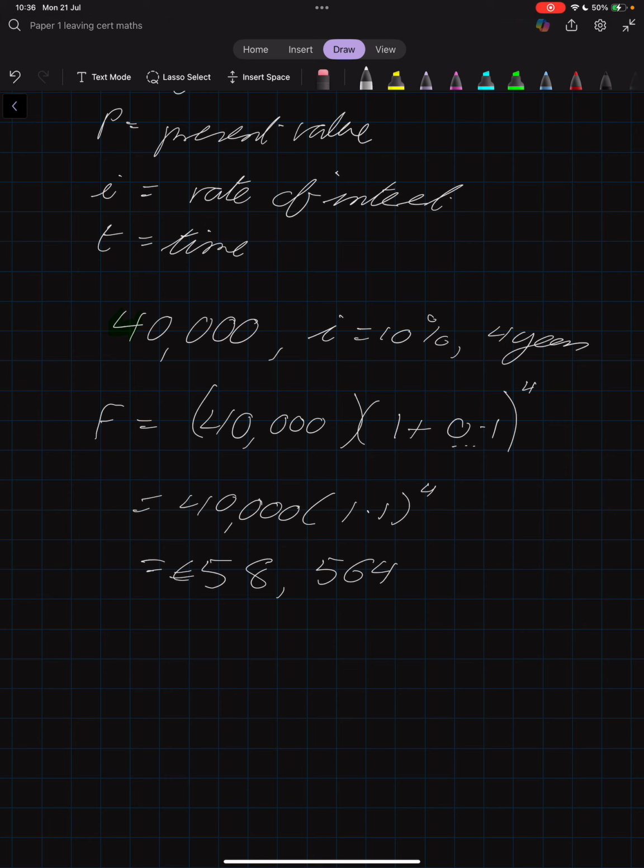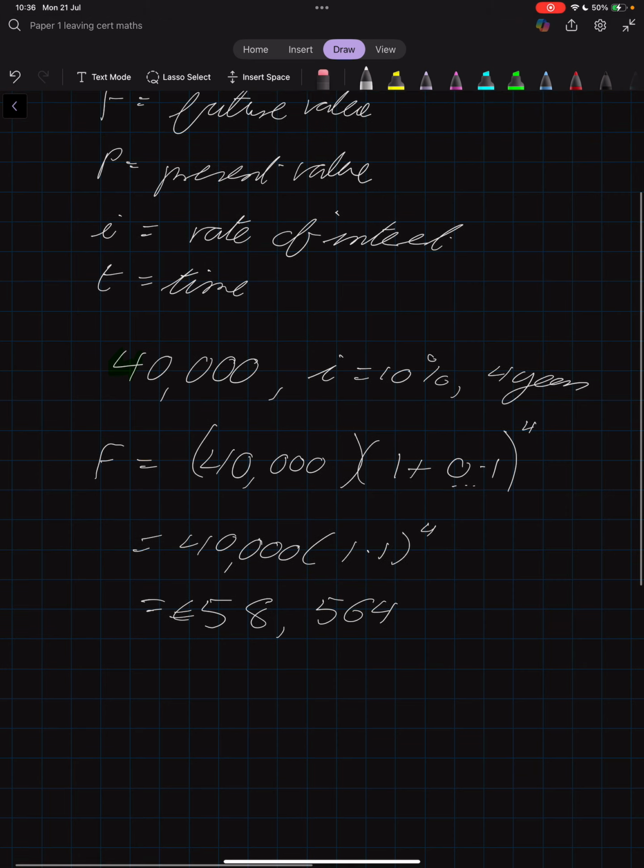So not too bad. One thing to be careful of is these two numbers here. Your present value and future value are kind of obvious when you're plugging into the formula. Your rate of interest and time mightn't be. If they give you the rate of interest and say this is the yearly rate of interest, then T needs to be in years.